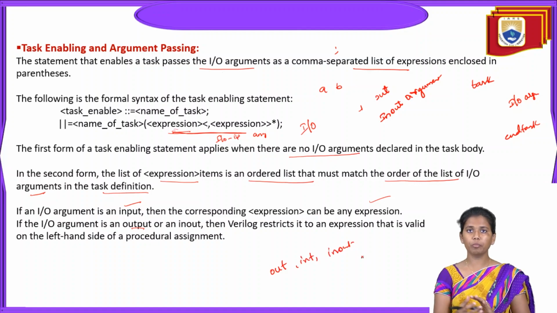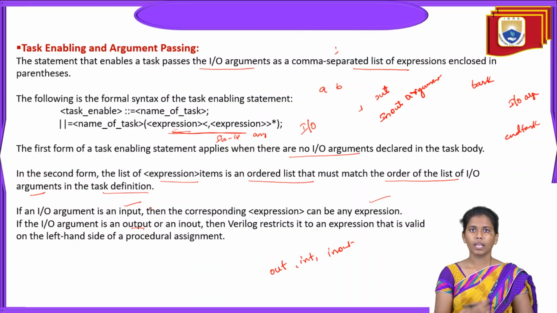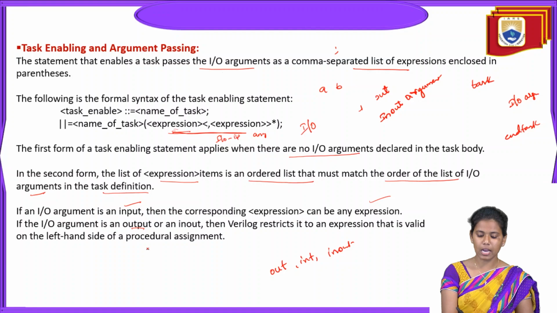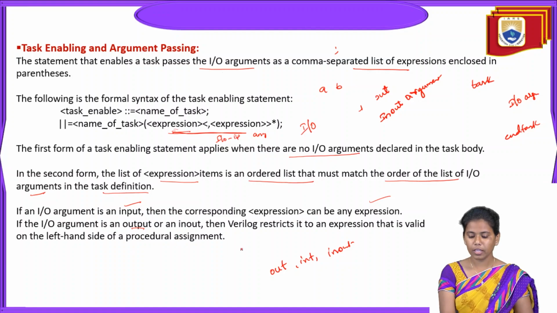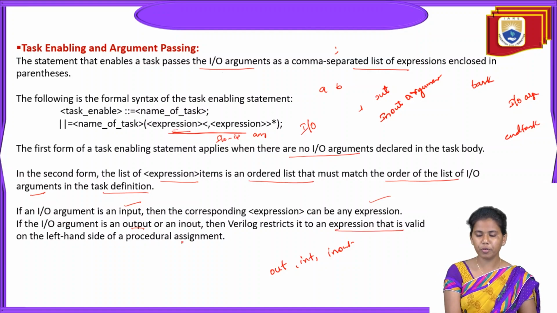So the arguments can be considered with respect to any sort of expression if and only if the IO argument is an input. And if the IO argument is an output or in-out, Verilog restricts it to an expression that is valid on the left hand side of a procedural assignment.